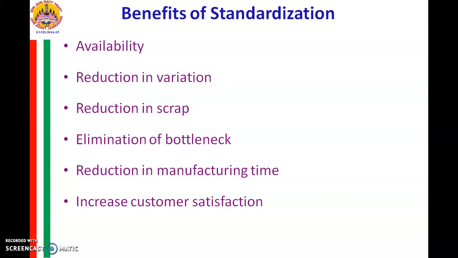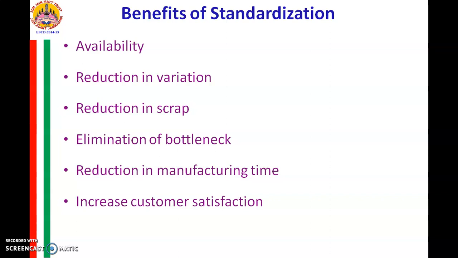Then the last one is increase in customer satisfaction. In the end, when we are manufacturing or designing anything, customer satisfaction is the most important. Based on customer satisfaction only, we change our objectives, right?